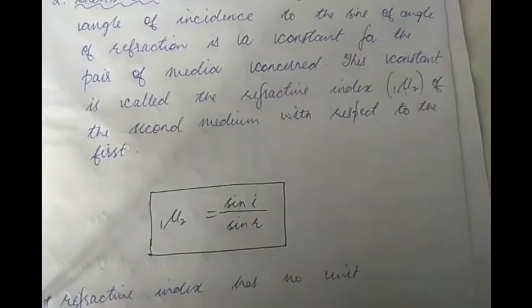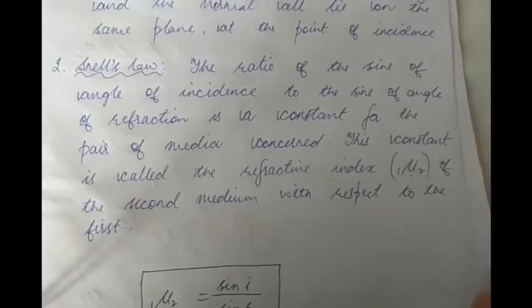All right, so Snell's law is more of a mathematical statement. It says the refractive index of the second medium with respect to the first is equal to the ratio of the sine of angle of incidence, of course in the first medium, to the sine of angle of refraction in the second medium.